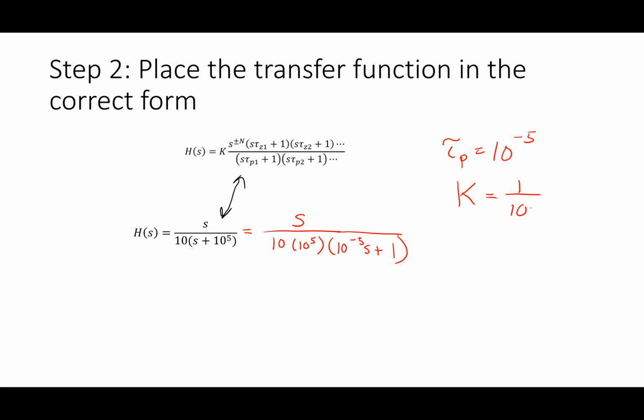Yeah, 1 over 10 to the 6th, or 1 over a million, or 10 to the minus 6. So in my standard form, I've got 10 to the minus 6 S over 10 to the minus 5 S plus 1. That's what we've got.